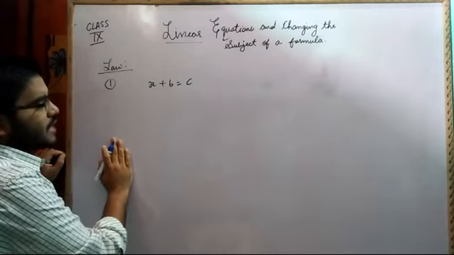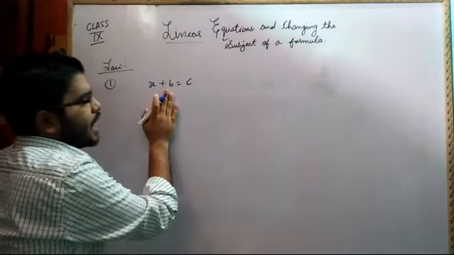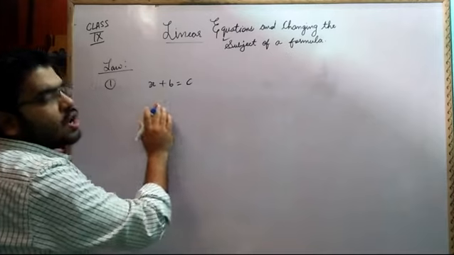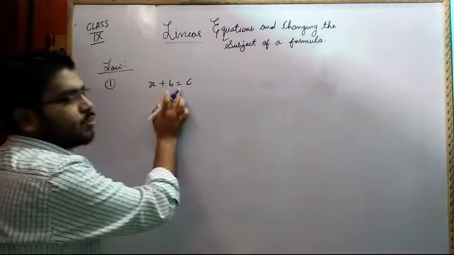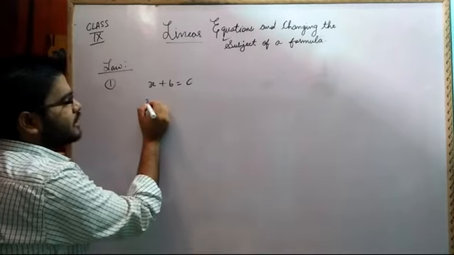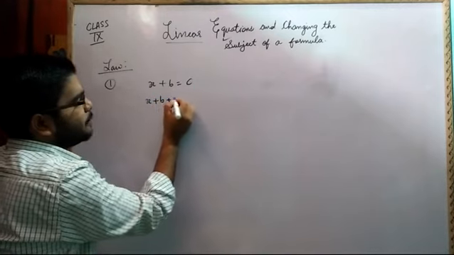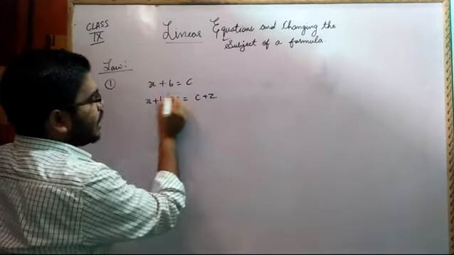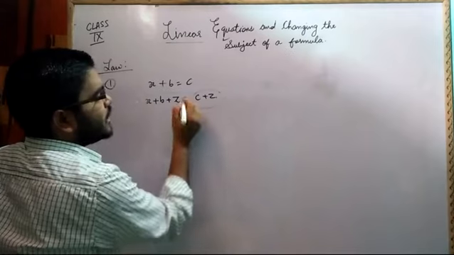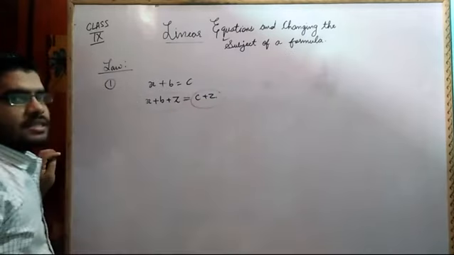Now the first law says that if I add any constant or any value of the same quantity on both sides, the equality is not going to change. That means if I write x plus b plus z, then on this side also I will write z, and the equality, the value, is not going to change. The solution will remain the same here.